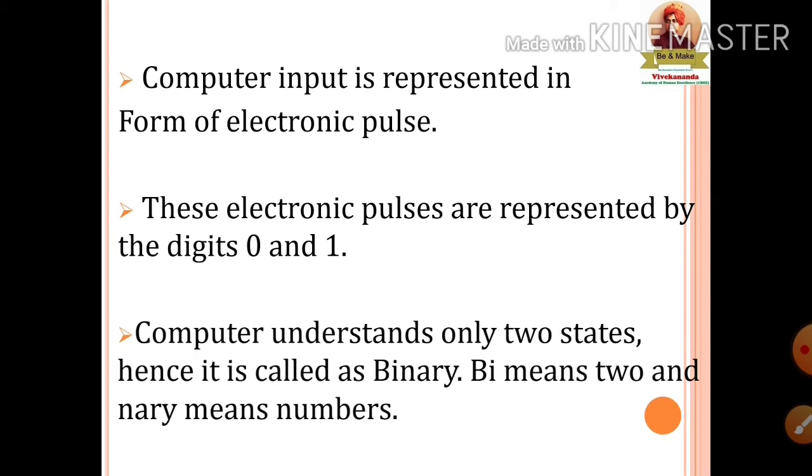The computer is able to understand only two states, called binary. Here the meaning of the word binary is: bi means two and nary means numbers, meaning the system which has two numbers inside it, also called the two number system.